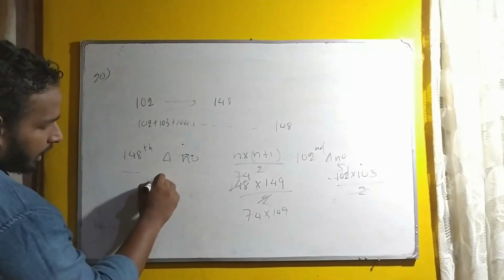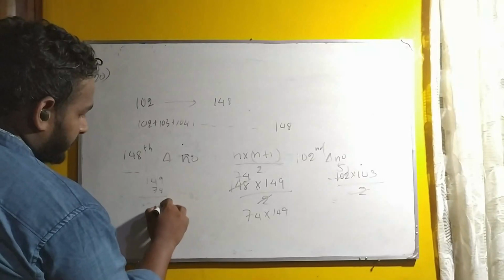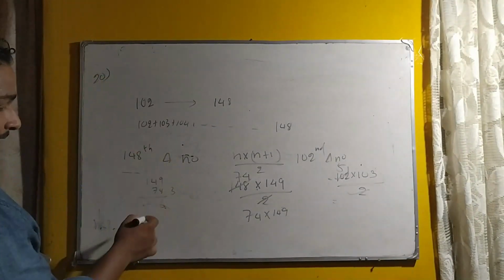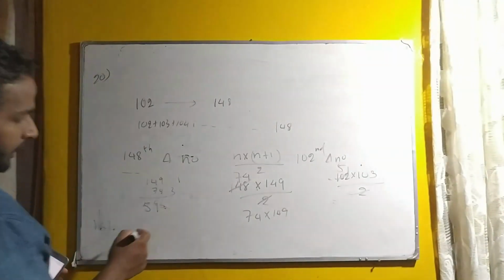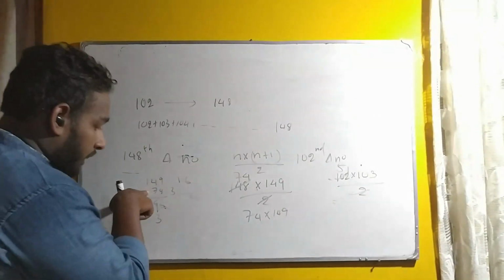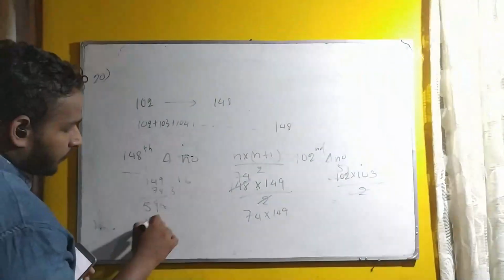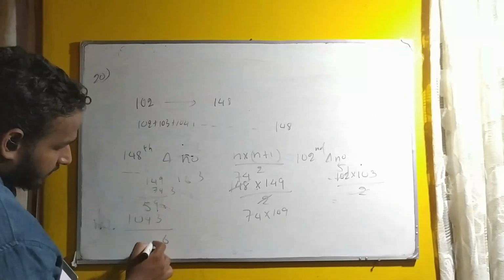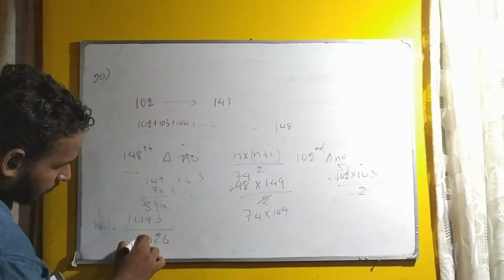I am multiplying that. 149 into 74: 7 into 9 is 63, 4 into 9 is 36, and so on.